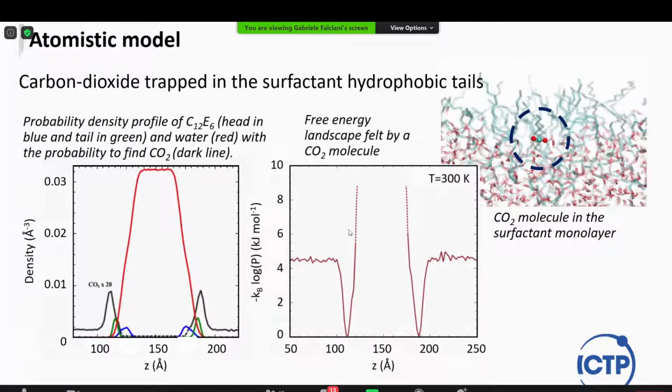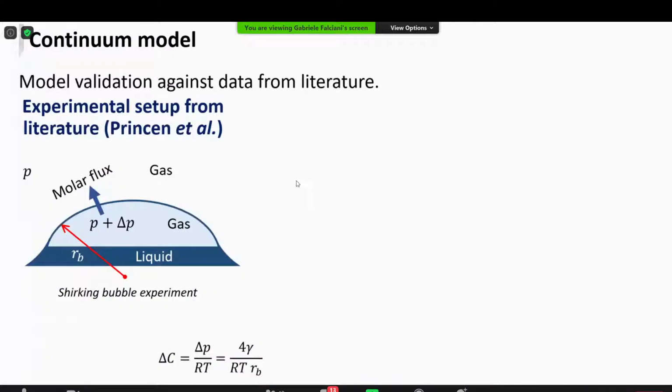From this molecular dynamics simulation, we were able to compute the energy barrier that is affecting the transport of CO2 from the gas phase to the liquid phase. And this will be a crucial input in order to couple the atomistic simulation and the continuum model. Regarding the latter, it has been implemented in the COMSOL Multiphysics platform, and we benchmarked it with experimental data from the literature.